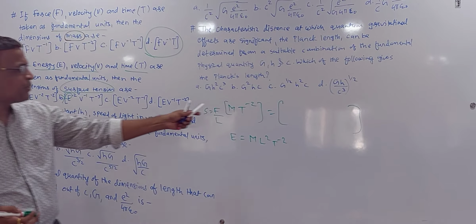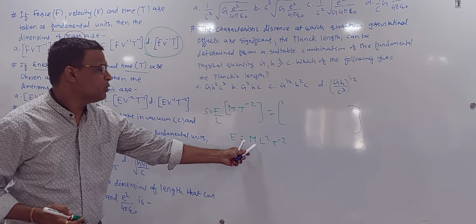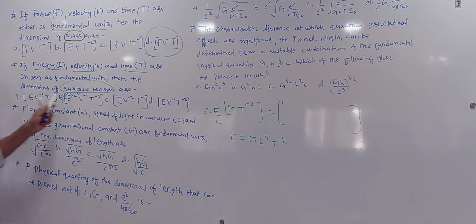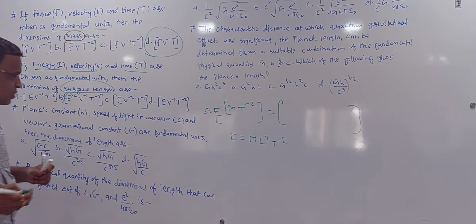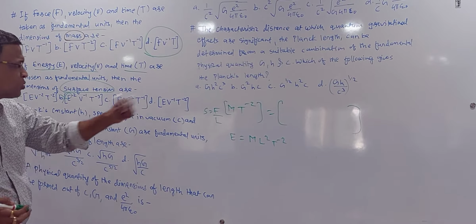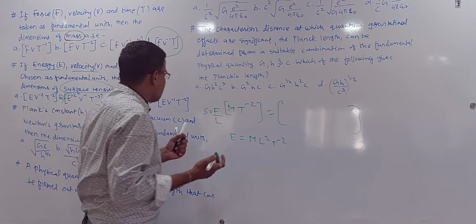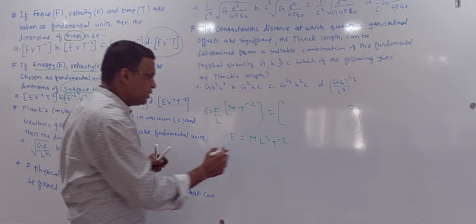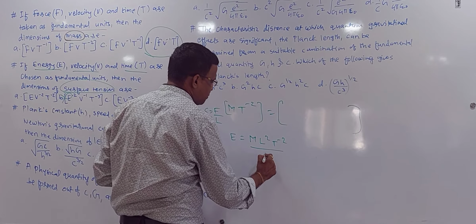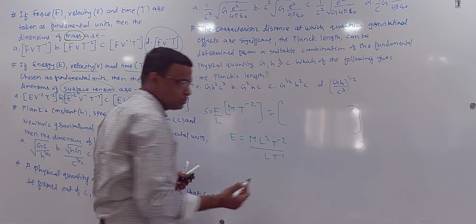Now we want this, and we have E here. Now E is cancelled. Now V power minus 1, V power minus 2, and then T power minus 2 and all that stuff. So just apply basic sense. If I divide by velocity, that means LT minus 1. Simple.